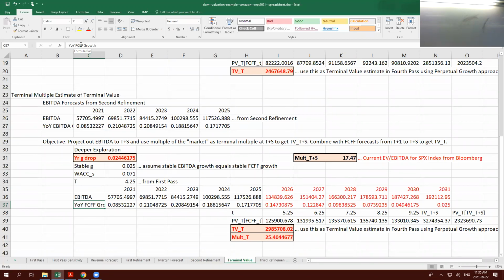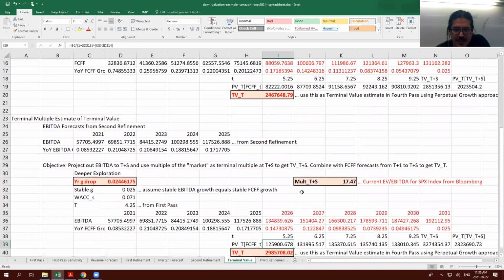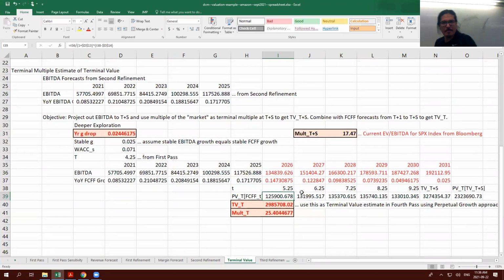And then what did I do here? Let me take a look quick. Take my EBITDA numbers. You know what? This is wrong. Too much copy pasting.